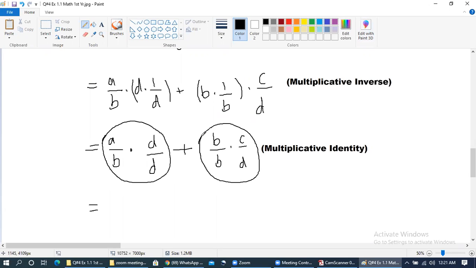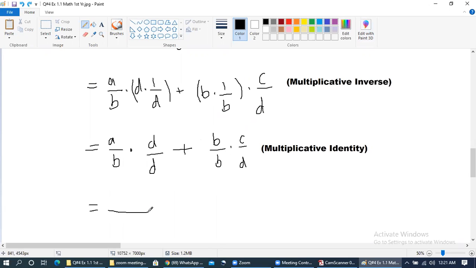So for these two statements, we can combine each statement in the form that the numerator of the first statement can be written as a into b, and the denominator can be written as b into b.